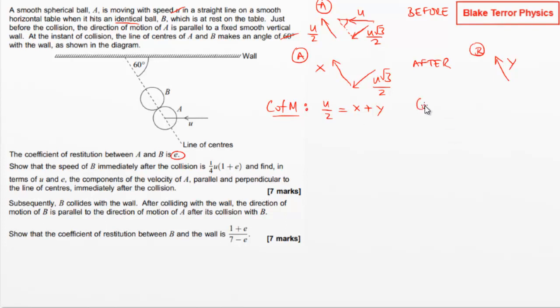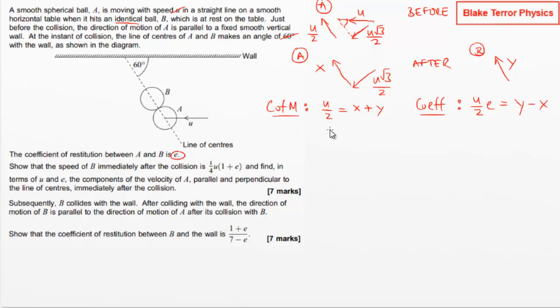Then we can do our coefficient of restitution, and that is going to say that our speed of approach, which is u over 2, multiplied by the coefficient of restitution e, is going to be equal to the speed of separation, which is the thing in the front minus the thing at the back, so y minus x. Now we just need to solve these simultaneously, and then we're fine.